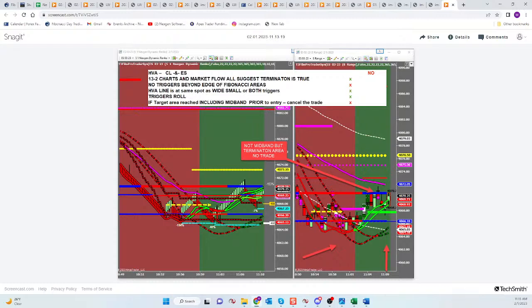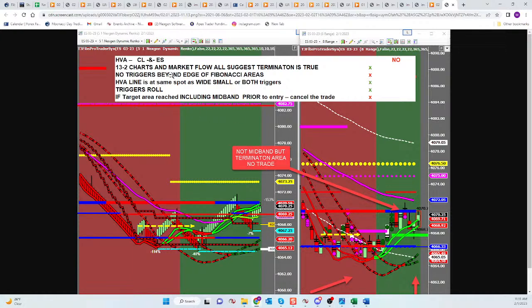No triggers beyond the edge of Fibonacci. You identified that they did overrun a little bit. I like it. See that red X? I'm getting better at reading your checklists, but I just love it because Gary's got a checklist for everything he does. HVA at the same spot of wide, small, or both triggers. He did have it. Trigger started to roll. And if the target is reached, including the midband prior to entry, cancel the trade.